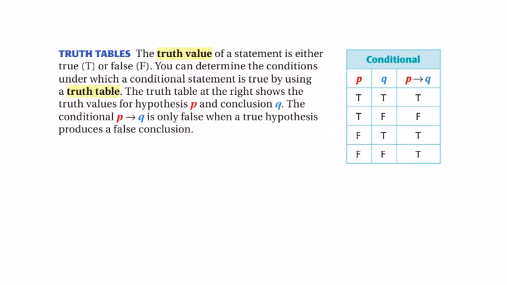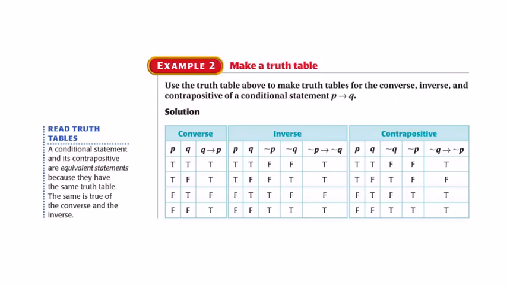Alright, so we're going to be using this table above and adding some additional columns for what happens when we take the converse, inverse, and contrapositive. Here, for the converse, this is the easiest one to start out with. We swap from P implies Q to Q implies P. So we're going to be going true, true.